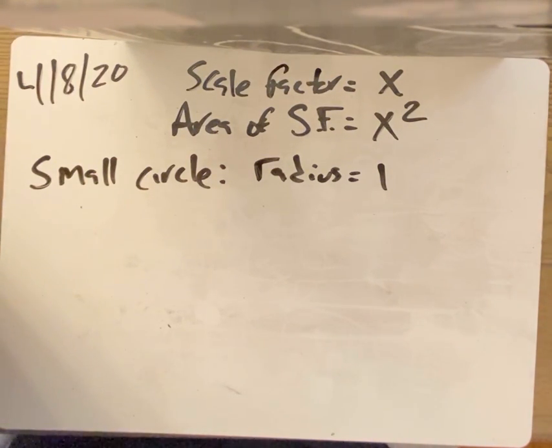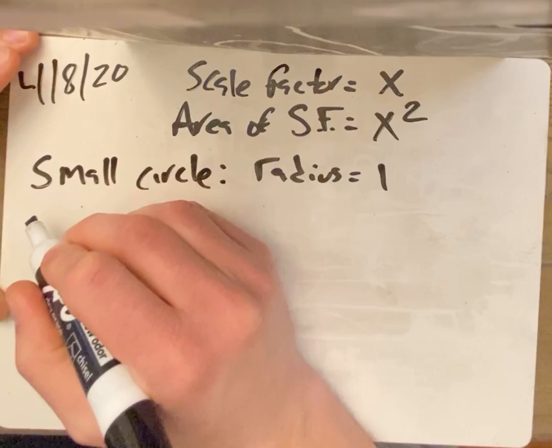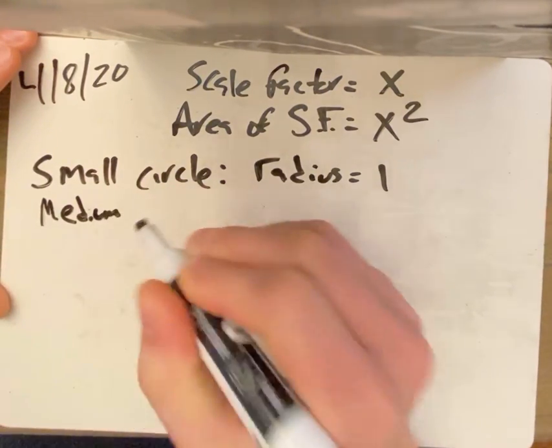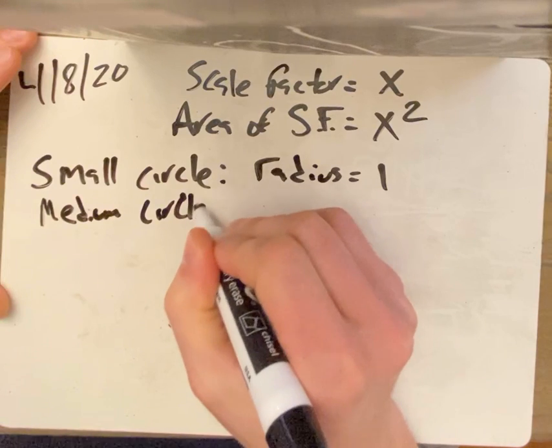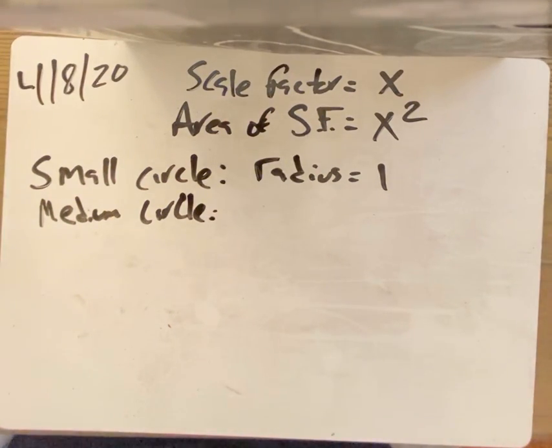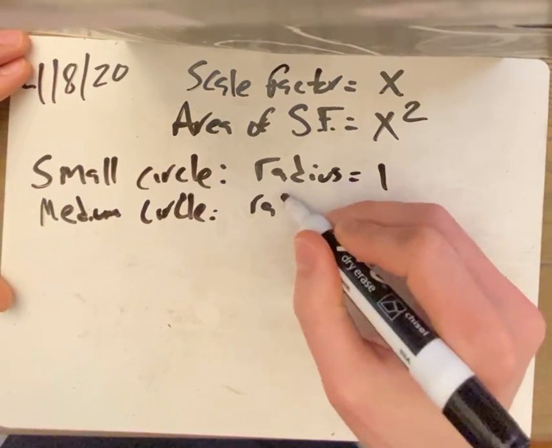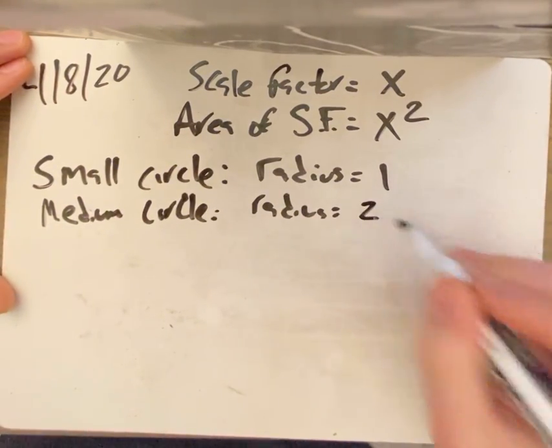Now, actually, let's do them all. The radius of the small circle is 1. For the medium circle, let's get all the radiuses. I'm counting across, 1, 2, 3, 4 lines, so I have to take half of that. What's half of 4? Exactly, it's 2.